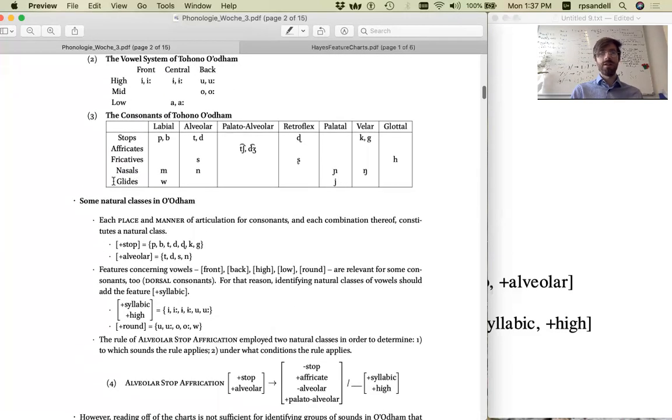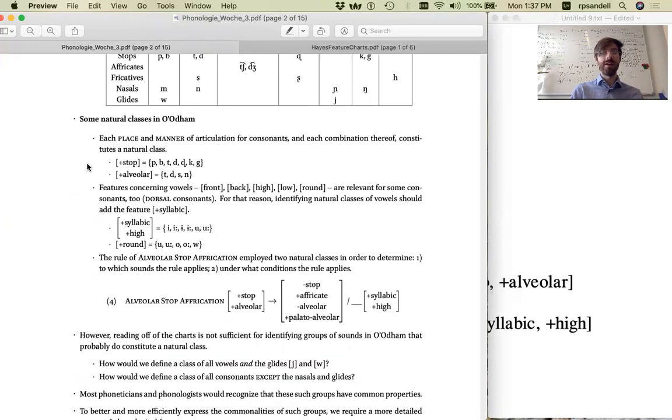So for instance, just to quickly give away the answers here, we might say that glides are non-consonantal consonants. That sounds a bit unintuitive, but they are segments which are neither syllabic, they're not a syllable nucleus, but they are not consonantal either.